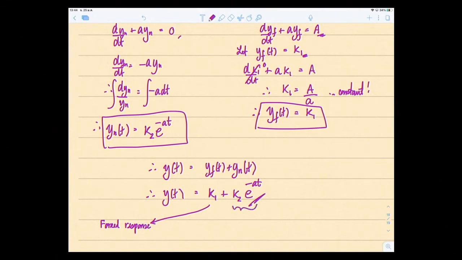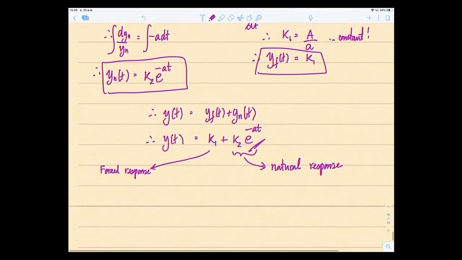The second term, yn, k2 e to the minus at, we call the natural response. If you look at the natural response, you can see that there's e to the minus at, and its shape decays down.